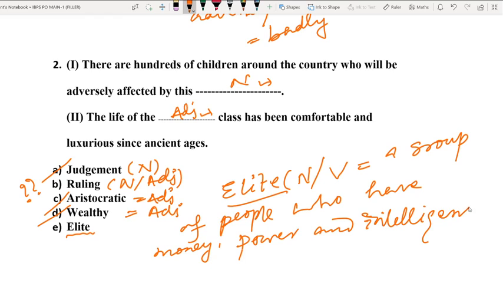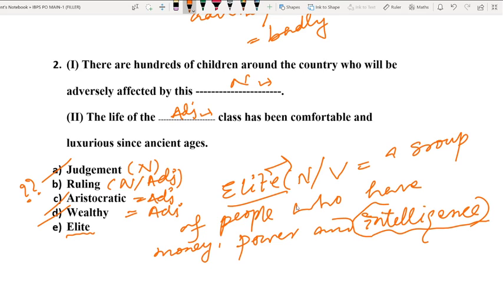Please do remember, elite refers to a group of people who have money, power and intelligence. They exercise a lot of power in a particular country where they live, right? And usually this word carries a positive meaning because it talks about having intelligence.